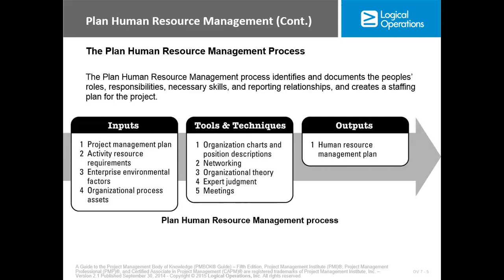Inputs: we have the project management plan, activity resource requirements, enterprise environmental factors, and organizational process assets. Tools and techniques: we have the organizational chart and position description, networking, organizational theory, and expert judgment and meetings. The output at the end of the day will be the human resource management plan.